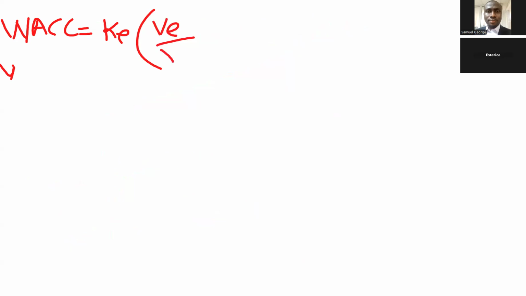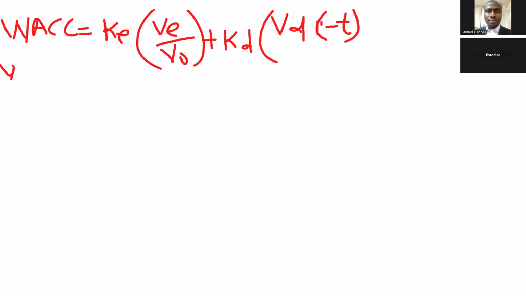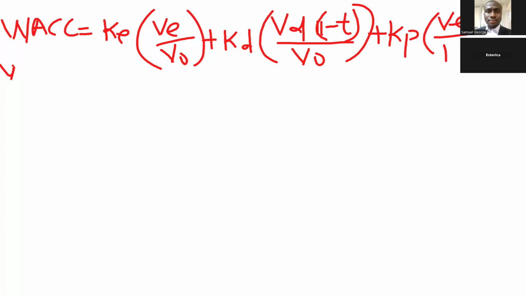Now, what is WACC? WACC is equal to KE times VE divided by VO, plus KD times VD times (1 minus T) divided by VO, plus KP times VP divided by VO, and so on.